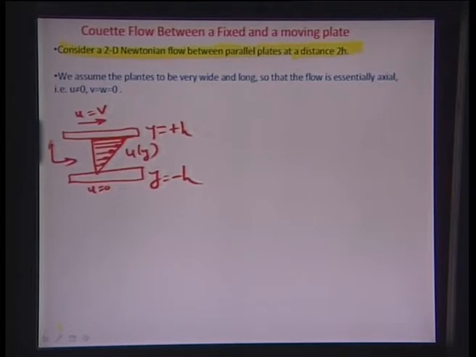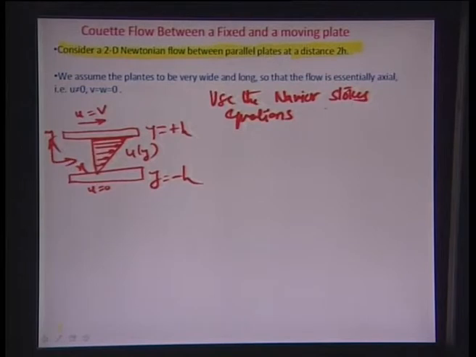So this is the x y direction. And we use the Navier-Stokes equations to get an idea of the velocity profile or the velocity equation.